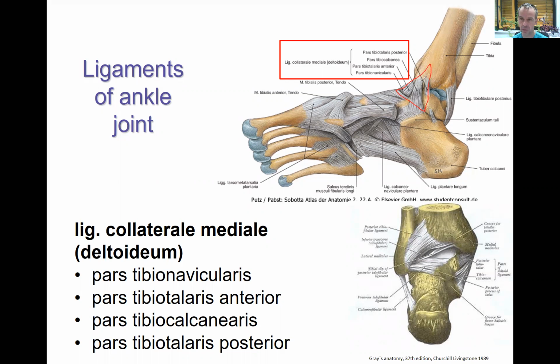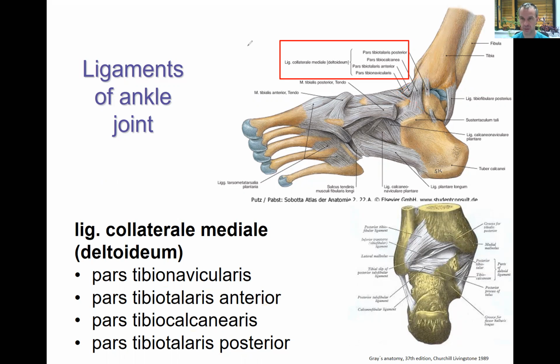So it is composed of tibio-calcanear part, going to calcaneus here, tibio-navicular part, going to navicular bone here, and 2 tibio-talar parts, anterior and posterior, which we have here, the anterior, and here, the posterior. So on medial aspect is 1 ligament composed of bands.